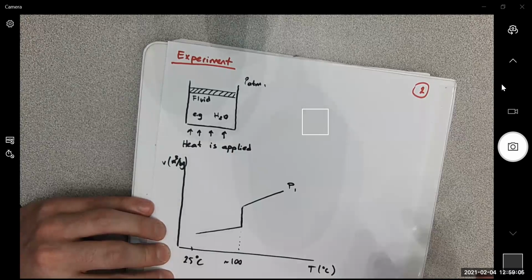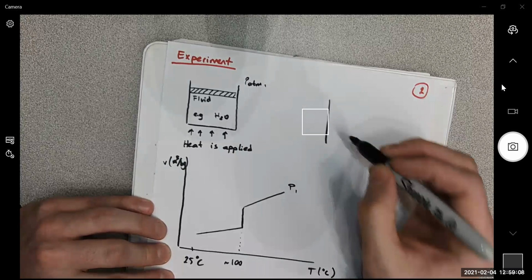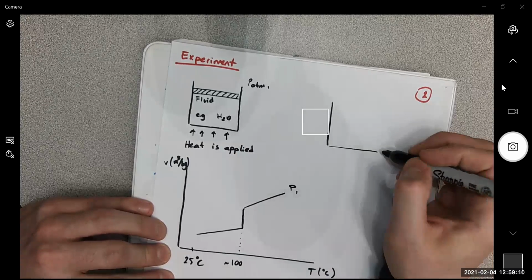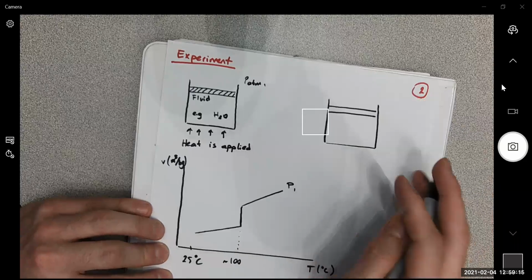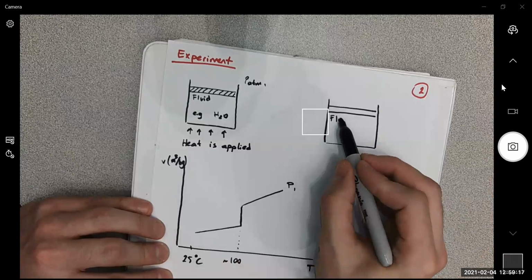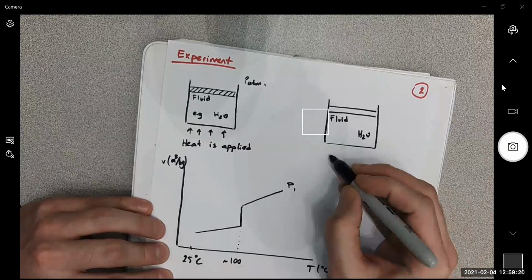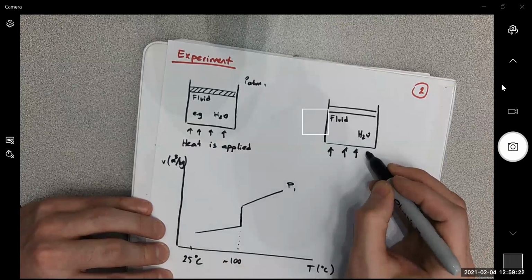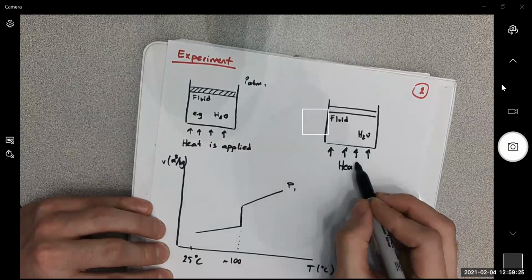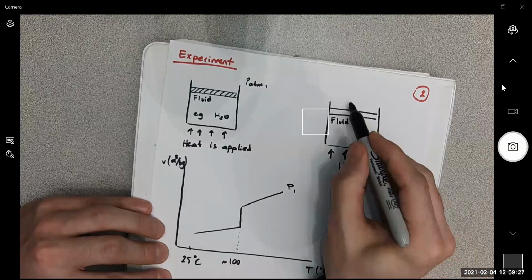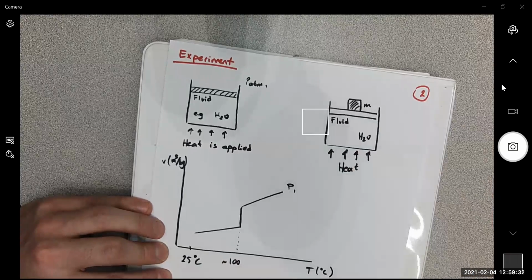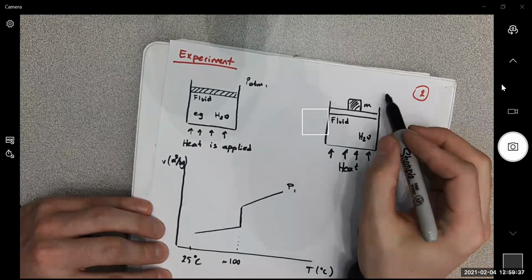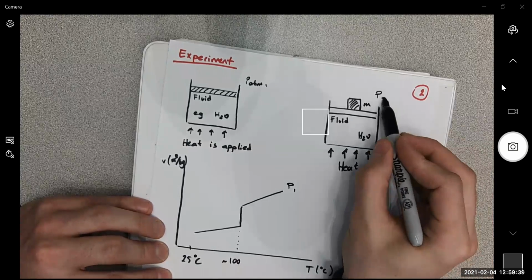Experiment 1. If I run the same experiment at a different pressure, everything is the same. I will just change my pressure. Heat. Right? I just add extra weight on top of the cylinder to increase the pressure.